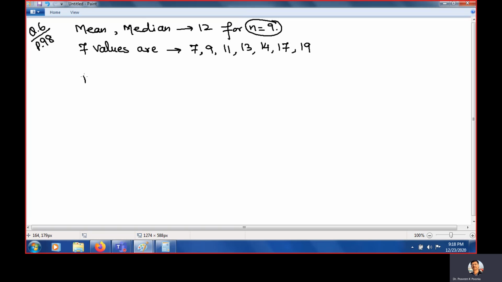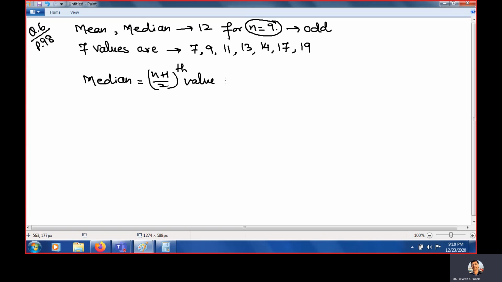So the median is how much? It is the (n plus 1) upon 2th value. Why? Because the value of n is odd. Clear?